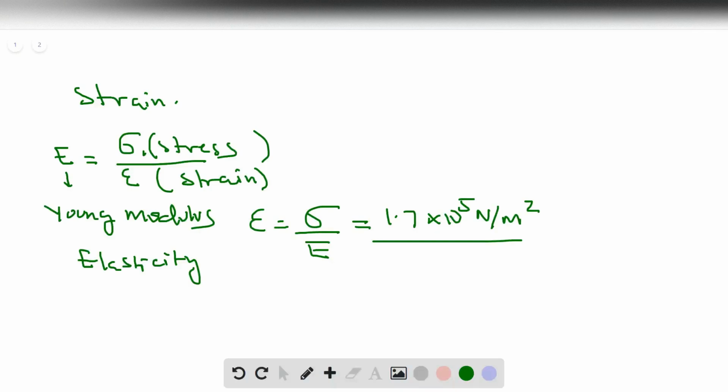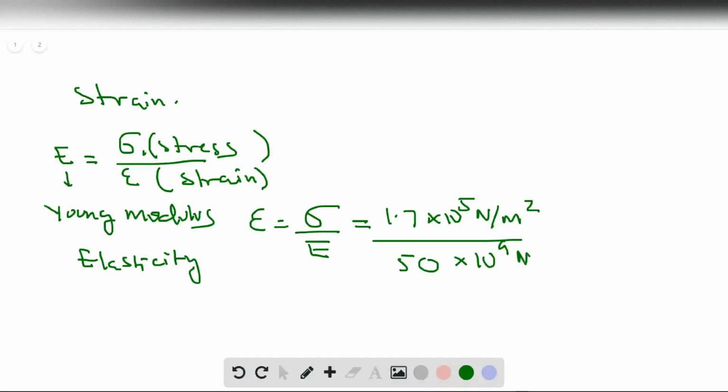And then, of course, Young's modulus is given for this marble. Young's modulus is given as 50 times 10 to the 9 newton per meter squared.